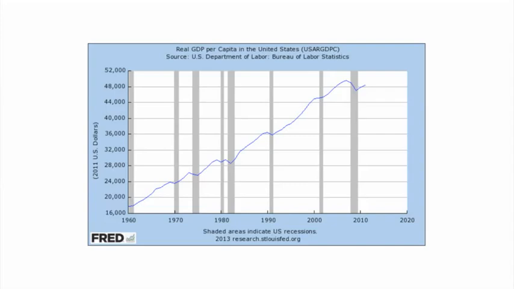This chart shows real per capita gross domestic product for the United States, with the shaded areas representing periods of recession. You can see from the chart that what characterises these periods of recession is a fall in per capita GDP, an interruption to that long-run upward trend that we have been talking about in our previous 2 lectures.